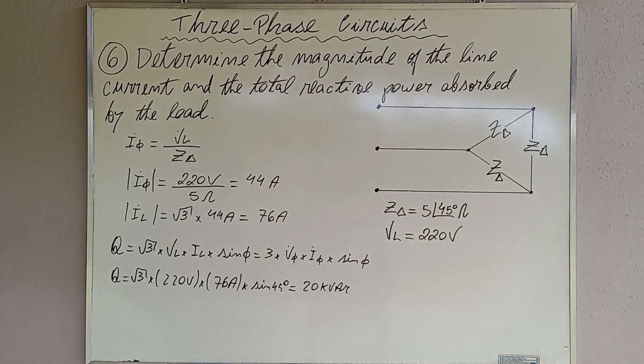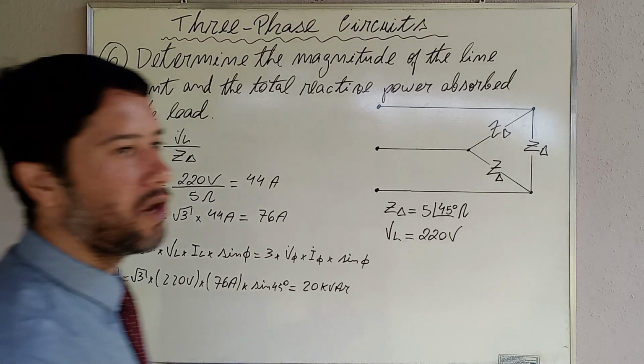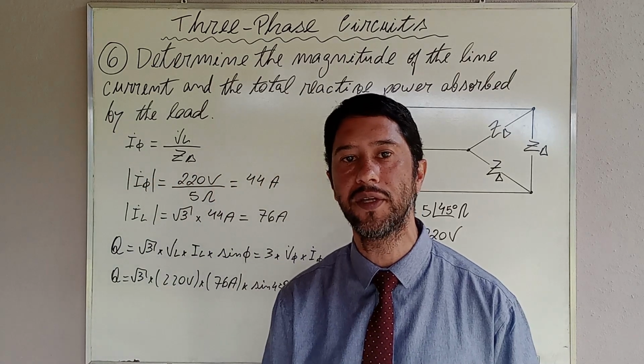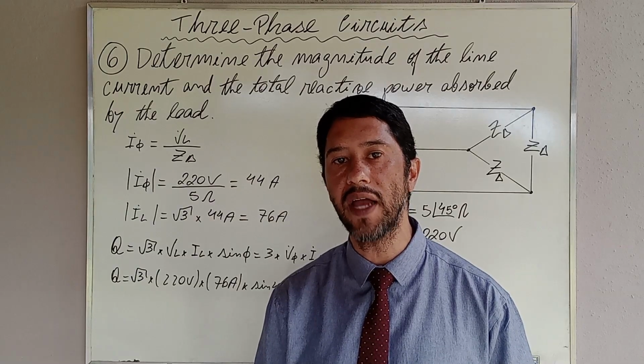We therefore discover that the magnitude of the line current is 76 amps and the total reactive power is 20 kVAR. And this is all for the debate of exercise number 6. Let's go to the next.